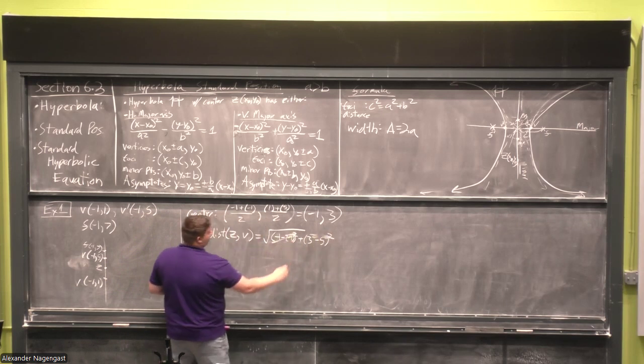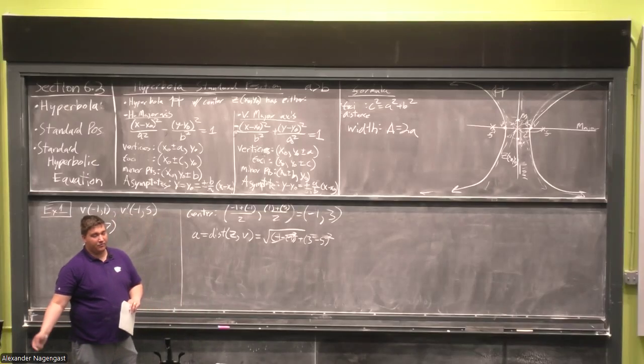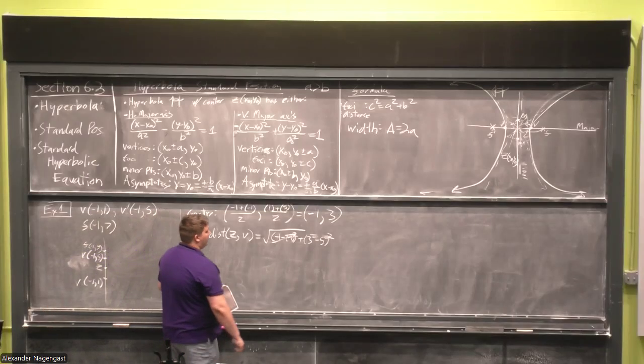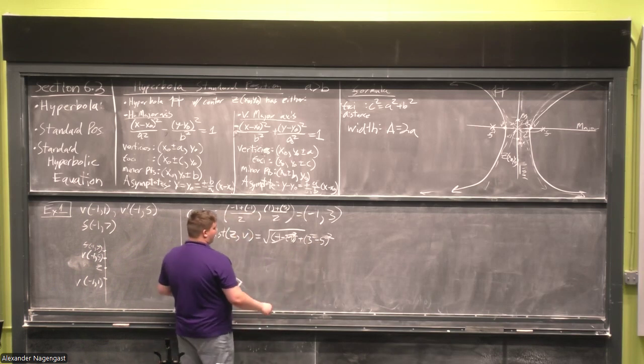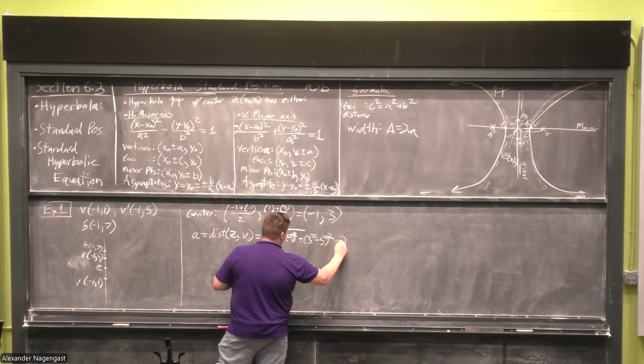So here we zero out because -1 minus -1 is 0. And here we have 3 minus 5, that is -2. -2 squared is 4. Square root of 4 is 2.